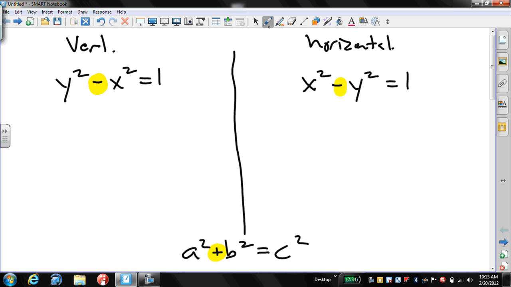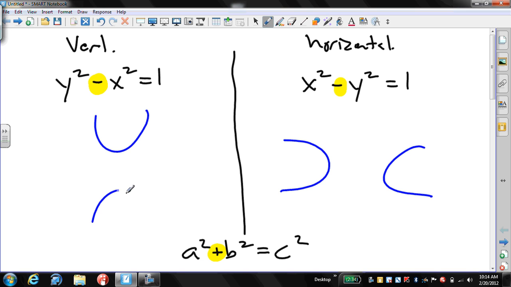And if I draw what a picture looks like, for horizontal we have curves like this, and for vertical, we have our curves like this. Now that's the actual graph itself. What we use is a dashed box that gives us the guidelines, and through that box we have our diagonal asymptotes, and those help guide the curve.